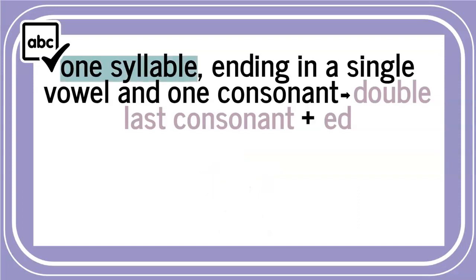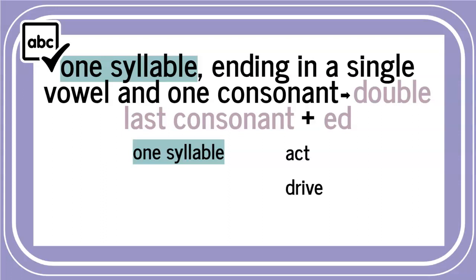So first is one syllable. What is a syllable, first of all, right? A syllable is how many beats are in a word. So let's look at some examples. Act is one syllable.